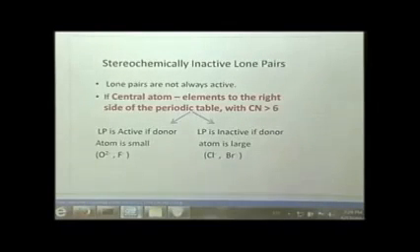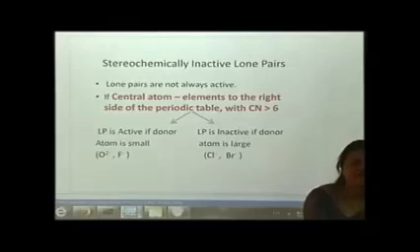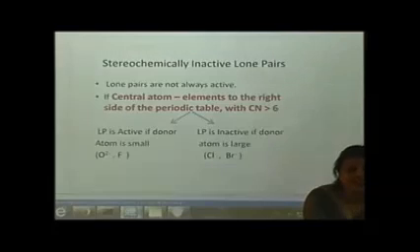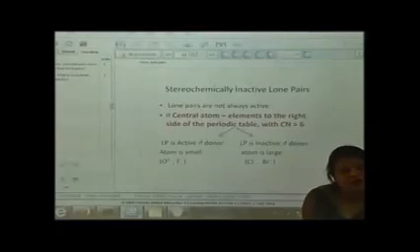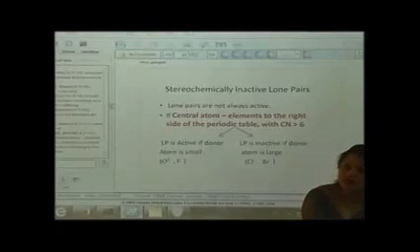Okay, till now all these species that we have discussed, say for example, ammonia, another example, water. In case of ammonia, we said that it is having a tetrahedral geometry but a pyramidal shape. In case of water, we said tetrahedral geometry but a bent shape.